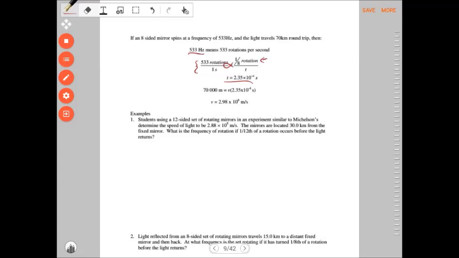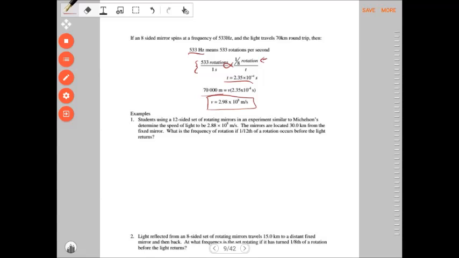seconds. Now in his experiment, remember it went 70 kilometers, so that's 70,000 meters, and 2.35 times 10 to the negative 4 seconds. Of course, you divide those, and he ended up with a velocity of 2.98 times 10 to the 8 meters per second. It's extremely, extremely close.